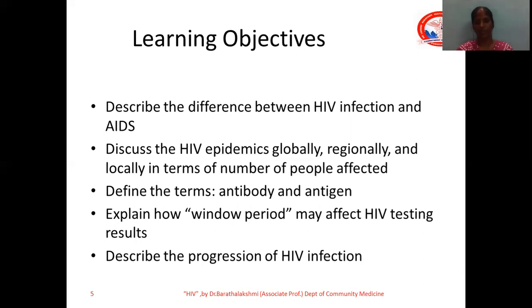During this period, the patient will not have any symptom. Till then, there won't be any sign or symptom. That is the disease-free period, for active multiplication of the virus inside the body to a load so that it can produce signs or symptoms.